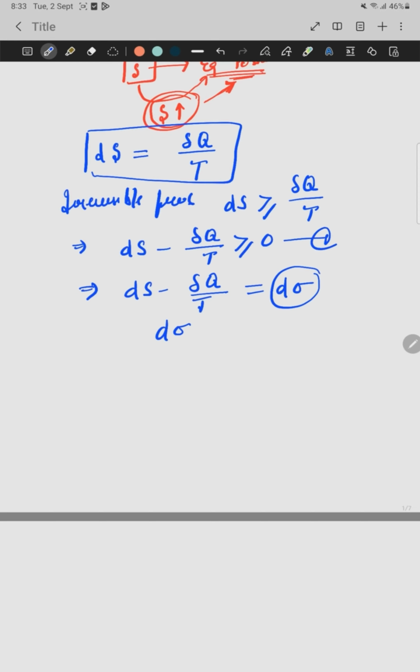If you see this equation, dτ is either greater than 0 or equal to 0. So this is my first expression.